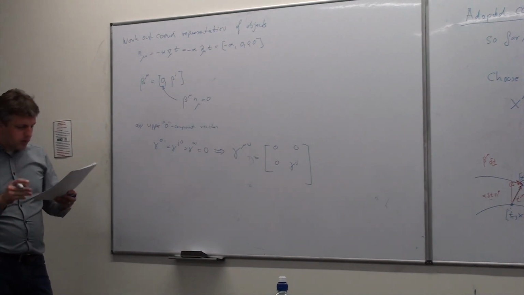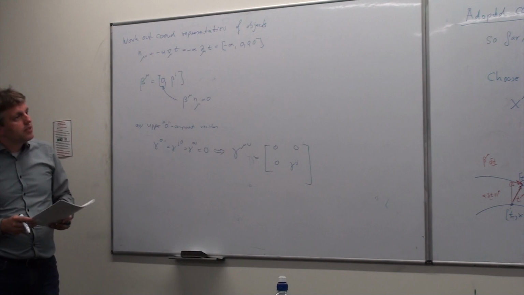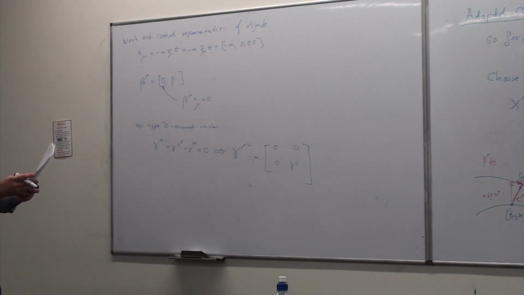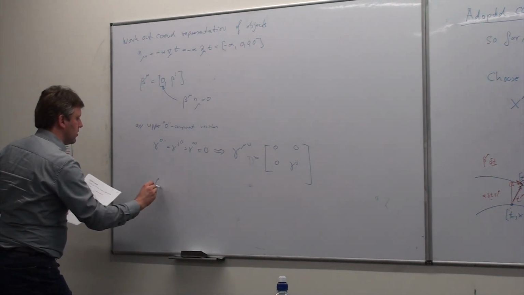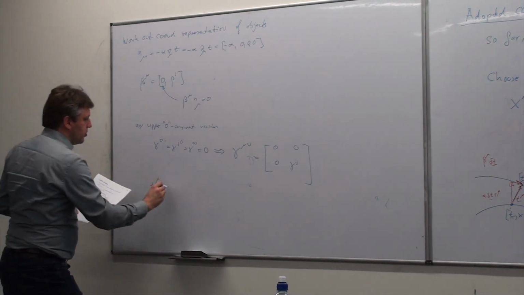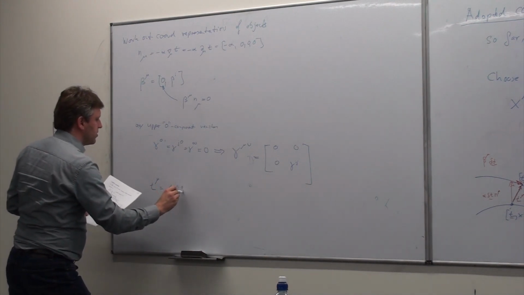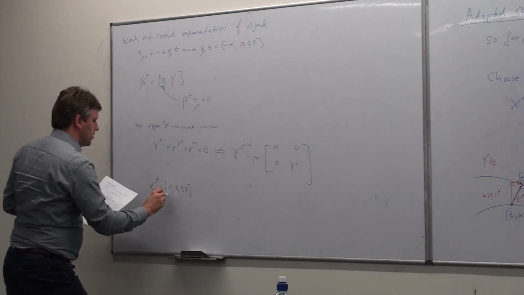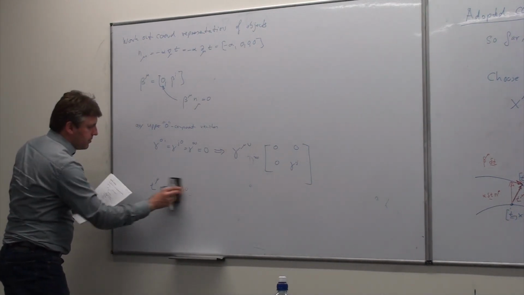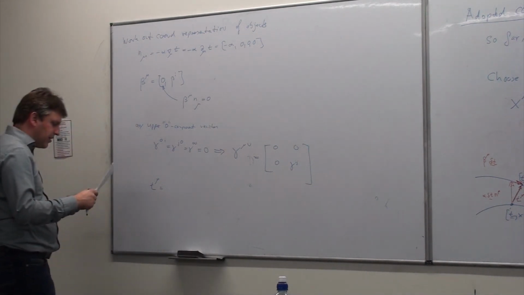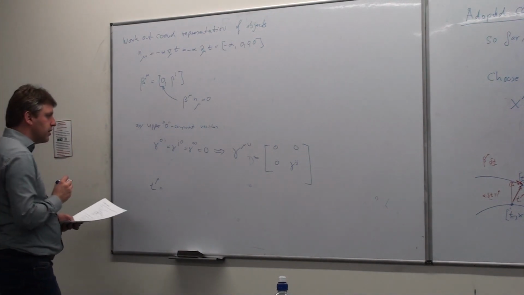The next thing we can do is think about the time vector. So T mu has components 1, 0, 0, 0. And that can be seen by the definition of the time vector.